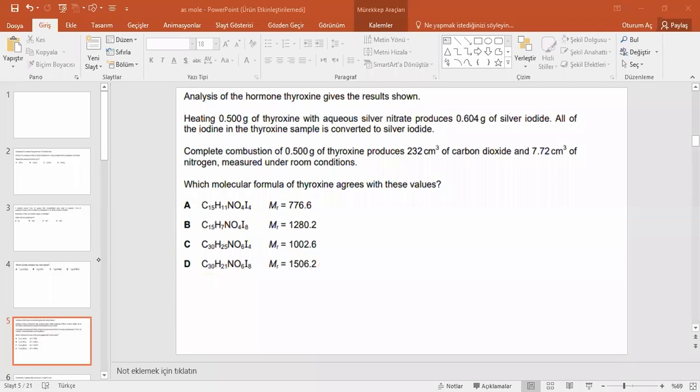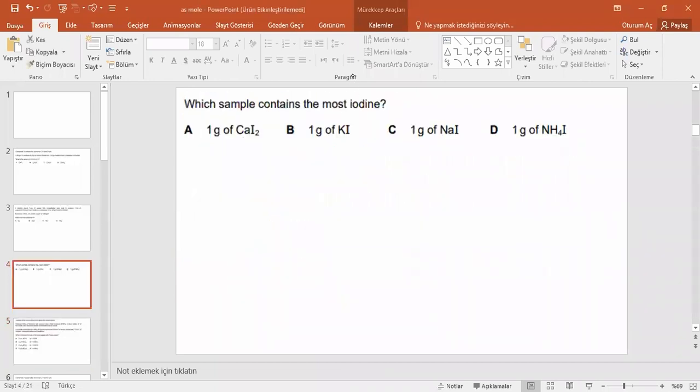Okay, let's move to another question. So, yeah, this question, which sample contains the most iodine? Which sample contains the most iodine? What do you mean by the most iodine, guys? The most iodine means how many moles of iodine.